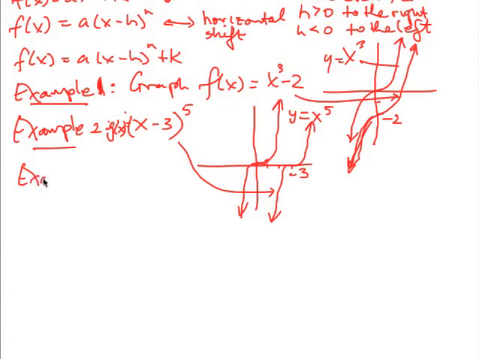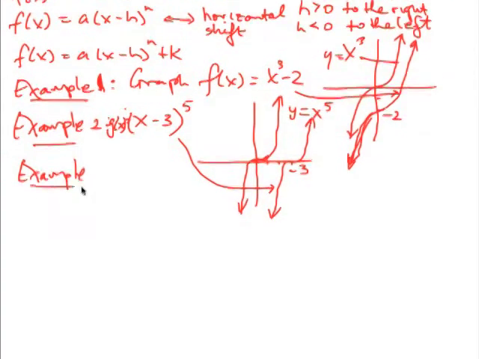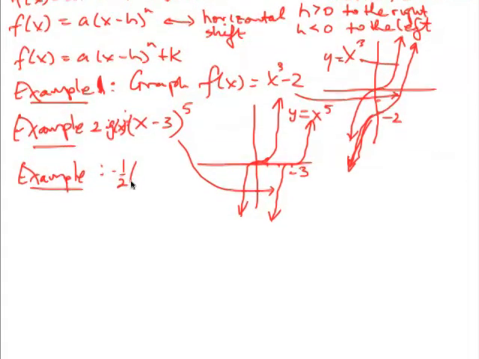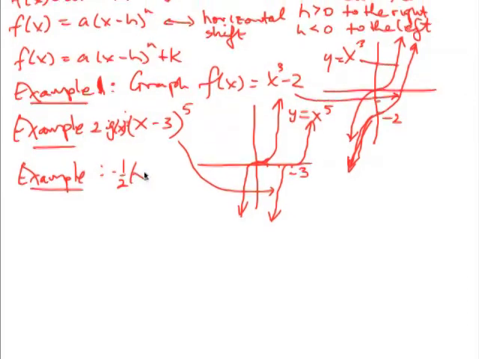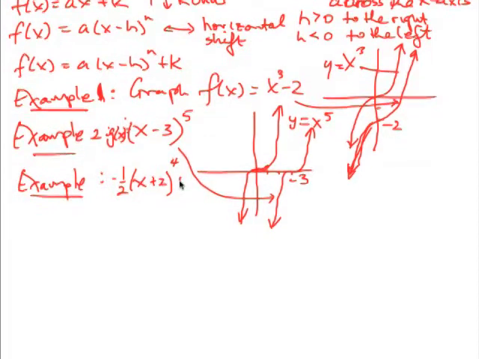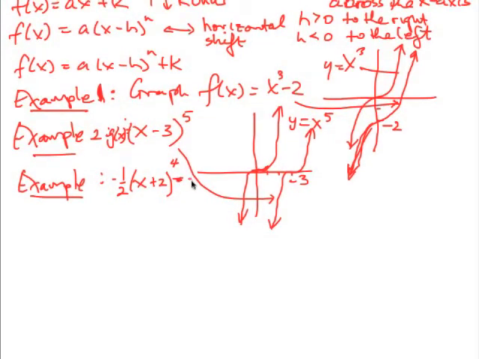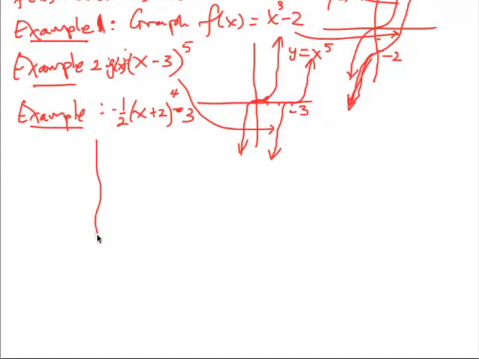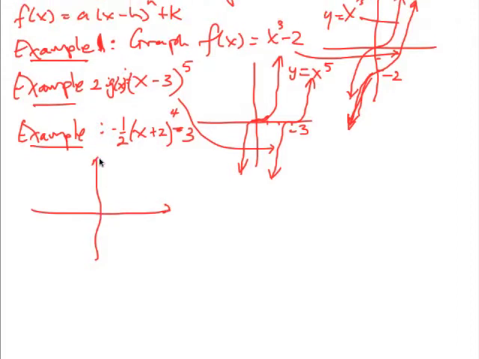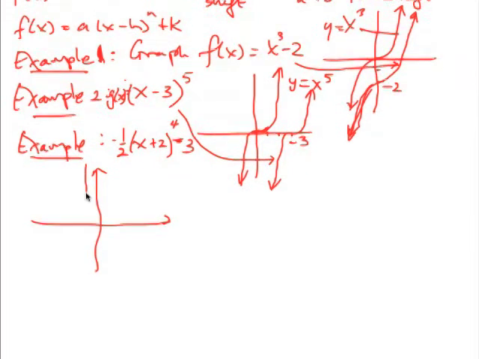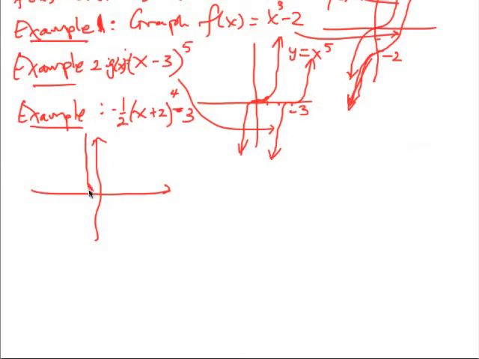Alright, what about if we have a combination of these kinds of things, and let's suppose we have something like negative a half by x plus 2 to the power of 4, say minus 3. Alright, now if we have this particular situation, let's have a look. Now it's a power of 4. Now power of 4 actually is fairly narrow here. Flattens down because numbers less than 1 really get small.